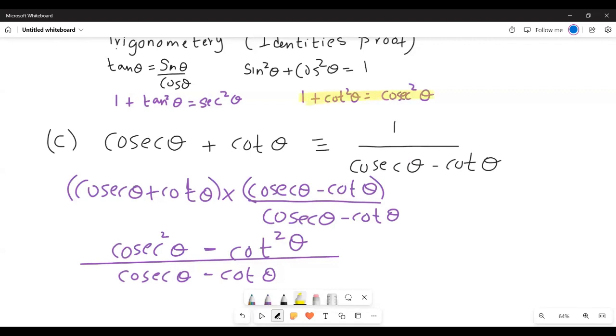Okay, and using this identity, the numerator is equal to 1. So this would be 1 upon cosecant theta minus cot theta.